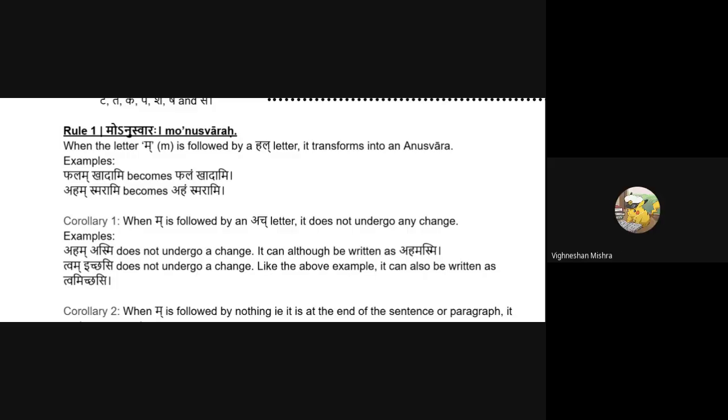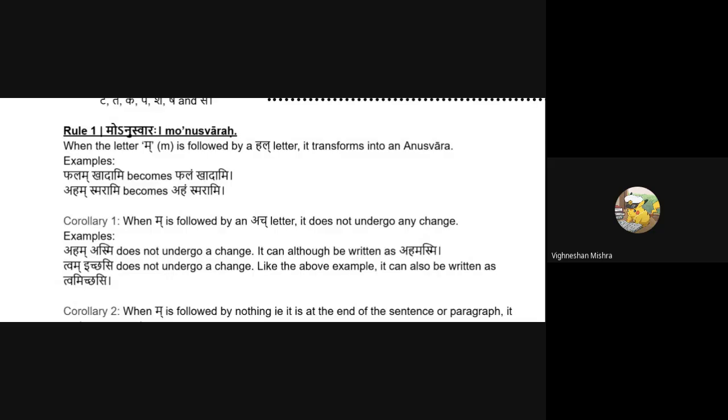It becomes this last ma you can see here. This last ma here, you can see it became an anuswara. Why? Because kha here was a hal letter, a consonant. Same, aham smarami becomes aham smarami. It is the same. Pronunciation wise, it makes no difference.